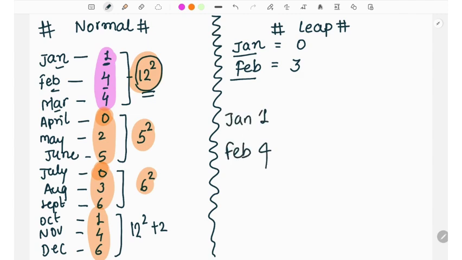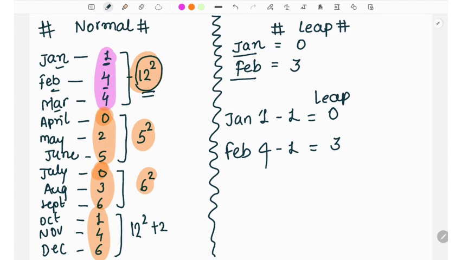This is in the case of normal year. Now to get the codes of leap year, what you will do, students? Just simply minus 1 from the January code and the February code. So if I do minus 1 from the January code and minus 1 from the February code, I'll get the code 0 for leap year for January, and for February, 4 minus 1, I'll get 3. So this is how you're going to remember these codes.